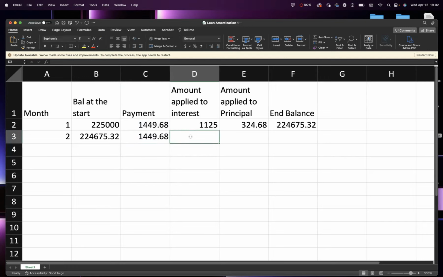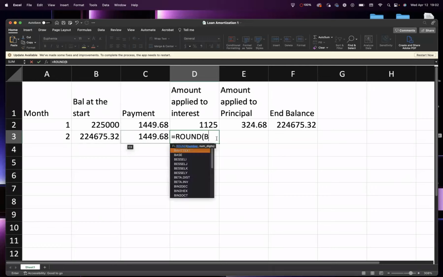And then the amount applied to interest is going to be, I will use the round function to round to decimals. But the first thing I need is the principal for that month, which is in B3, this cell here. So cell B3 times, that is a star, times the interest rate 0.06, divided by 12 times 1.